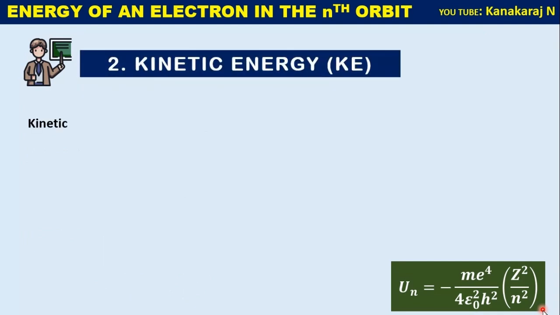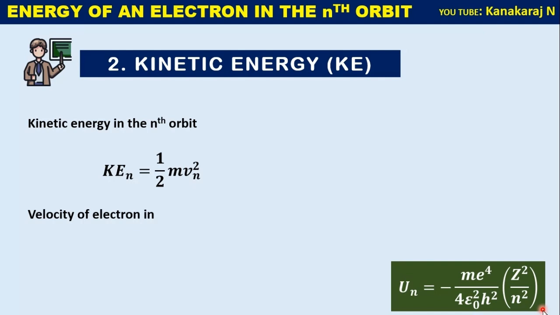Kinetic energy of the electron in the nth orbit, Ken equals half times m Vn square. We know the velocity of the electron Vn equals e square divided by 2 epsilon naught h, multiplied by Z by n. So let us bring this Vn to the kinetic energy term.